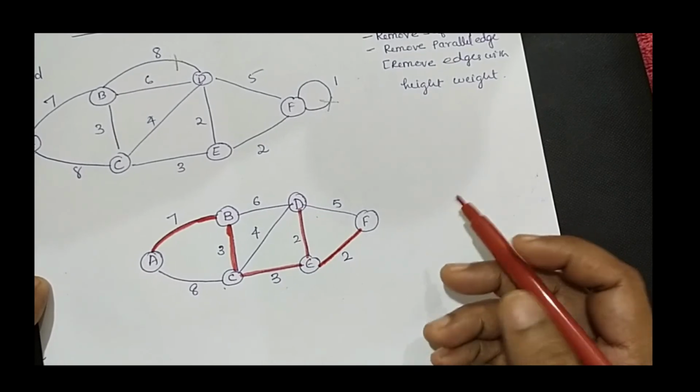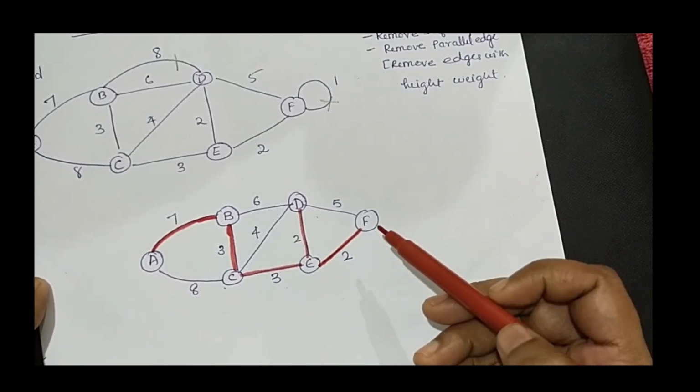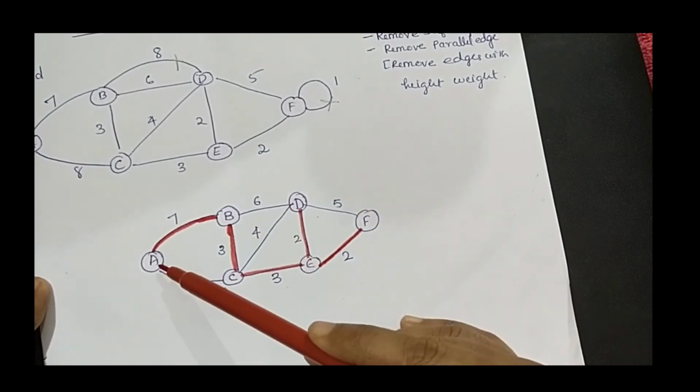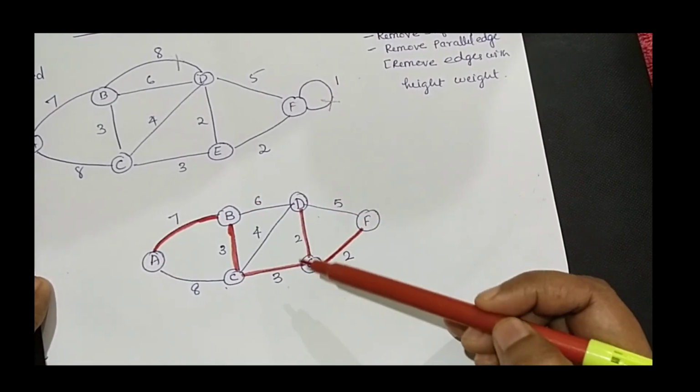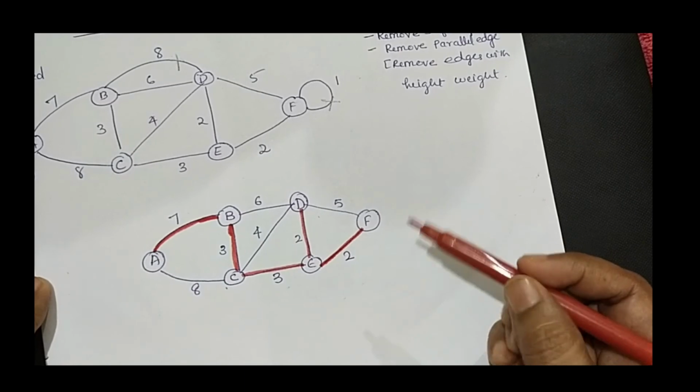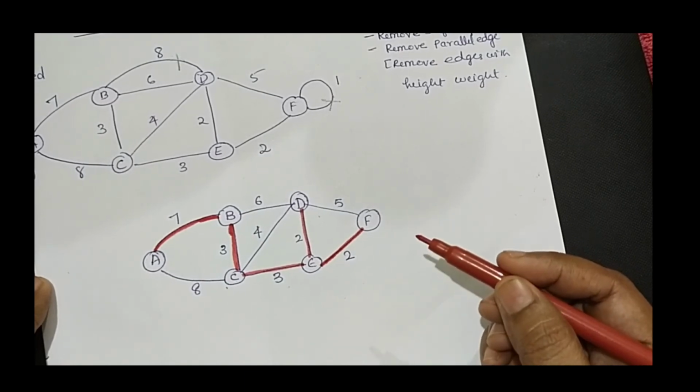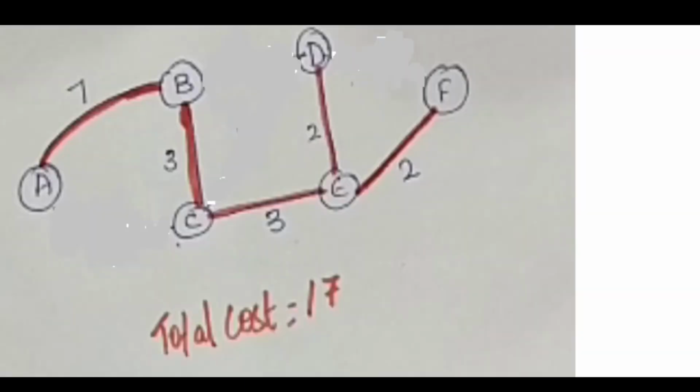Now we check whether we have included all the vertices. A is there, B is there, C is there, D is there, E is there, F is there. So we have included all the vertices in this graph. This is the minimum spanning tree of our graph. Here the total cost is 17.